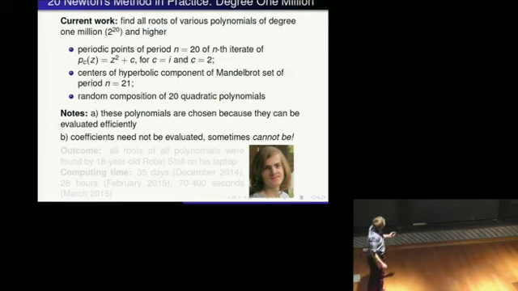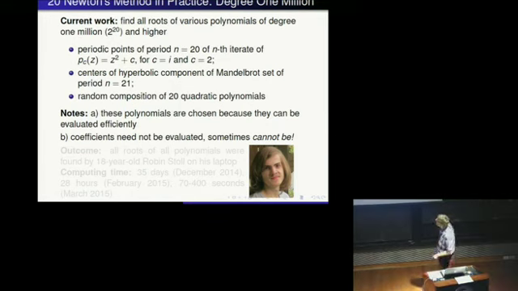So the coefficients of this 20th iterate you cannot store, and if you can't even store the coefficient, there's no way of evaluating the polynomial. But nonetheless, the roots are somewhere in the disk of radius 2, and we found them easily. So coefficients are not necessarily the right condition to use. As I said, sometimes we cannot do it.